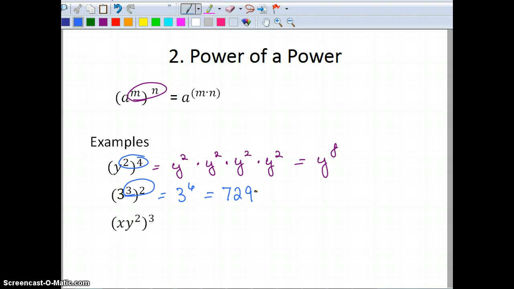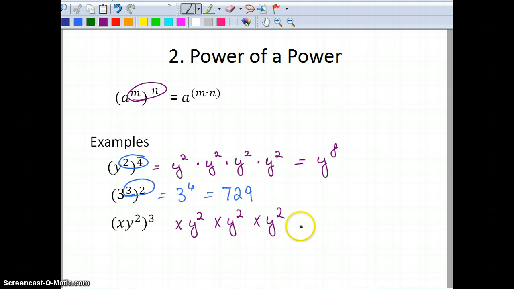Now this last one is a little bit different because now I have xy squared to the 3rd power. That means I have 3 of these xy squareds. So you're going to write it. Okay, I have xy squared times xy squared times xy squared.